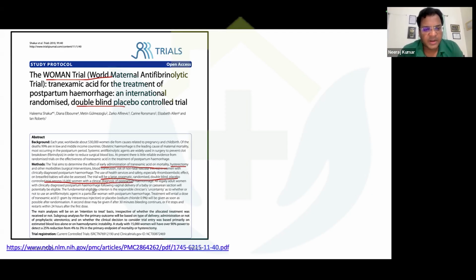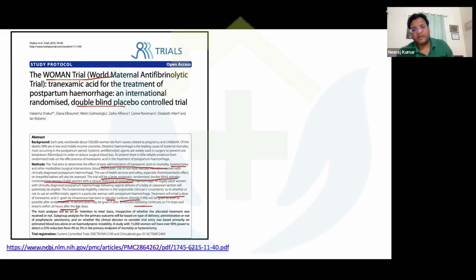This treatment entails a dose of tranexamic acid of 1 gram IV injection. And in the placebo, sodium chloride was used only, and it has been given as soon as possible after the randomization. The second dose of tranexamic acid may be given if bleeding continues after 30 minutes, or if it stops and restarts within 24 hours of the first dose.